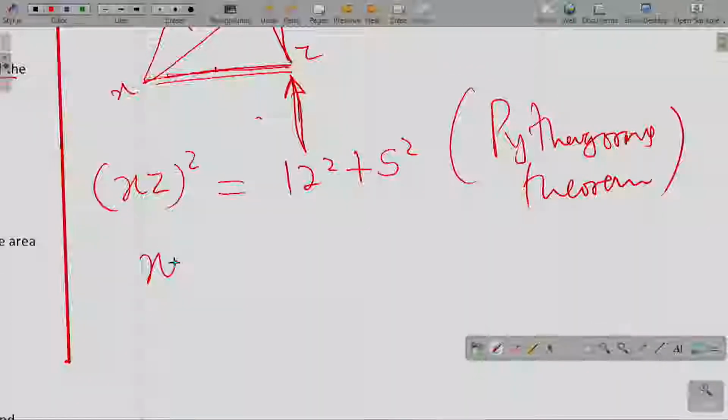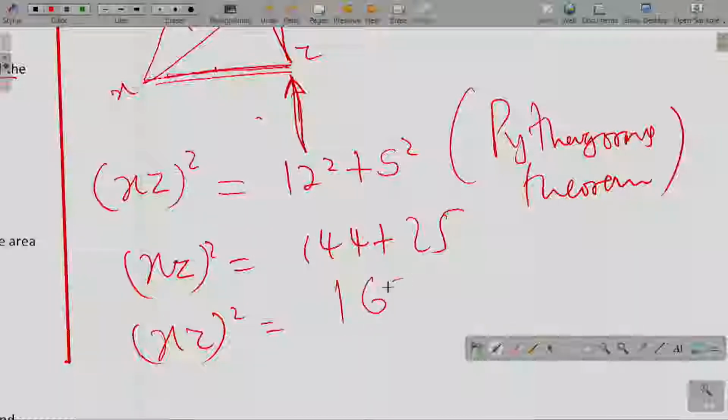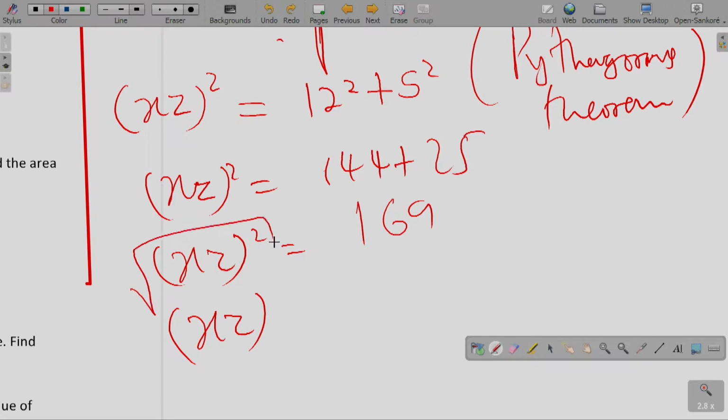Now XZ squared is equal to 144 plus 25, so XZ squared is equal to 169. We take the square root of both sides, so this is equal to 13, plus or minus, but here we take the positive answer.